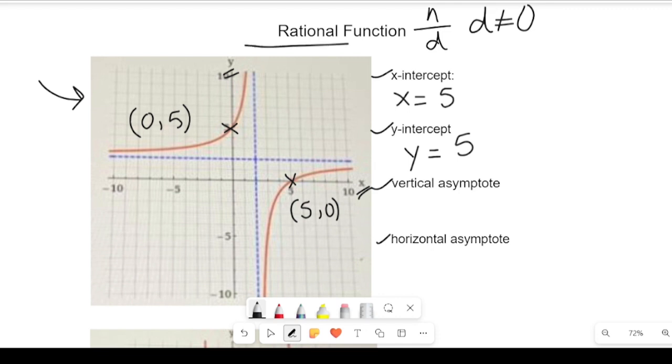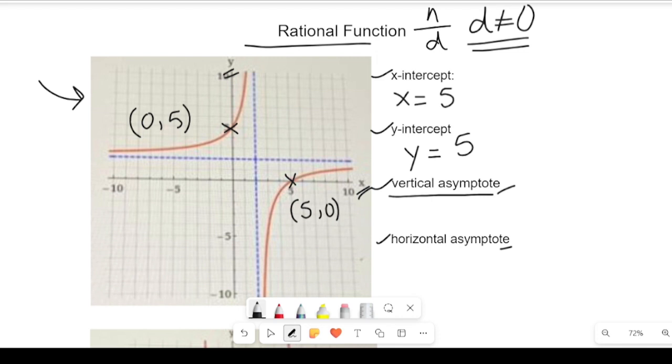Now, the rational function forms asymptotes because of this restriction. Since our denominator cannot be 0, whatever value of x makes our denominator 0, the graph forms a vertical asymptote there. It's the line that our curve approaches really close to, but cannot reach.